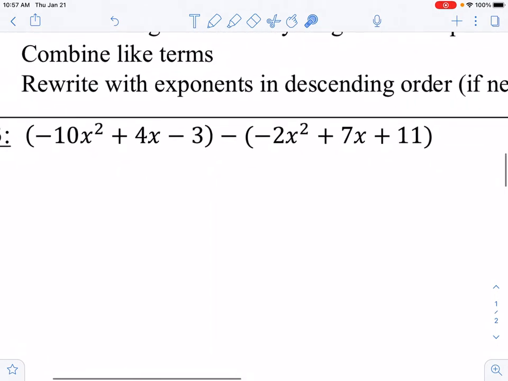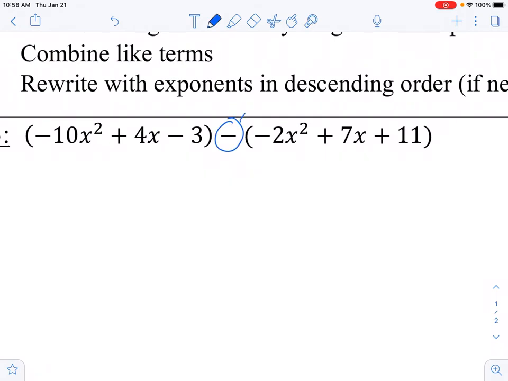And we've practiced this in 6.2, but a negative just means the opposite of. So the opposite of negative 2x squared is positive 2x squared. The opposite of a positive 7x is a negative 7x. And the opposite of a positive 11 is a negative 11.